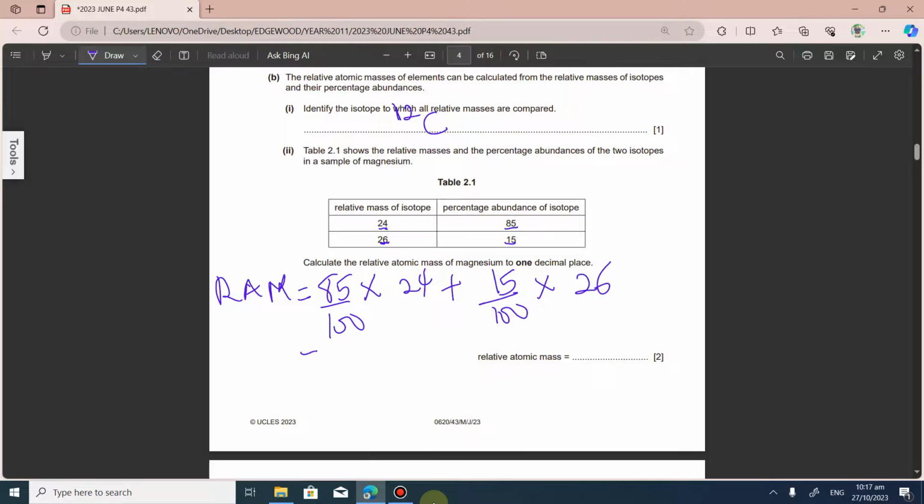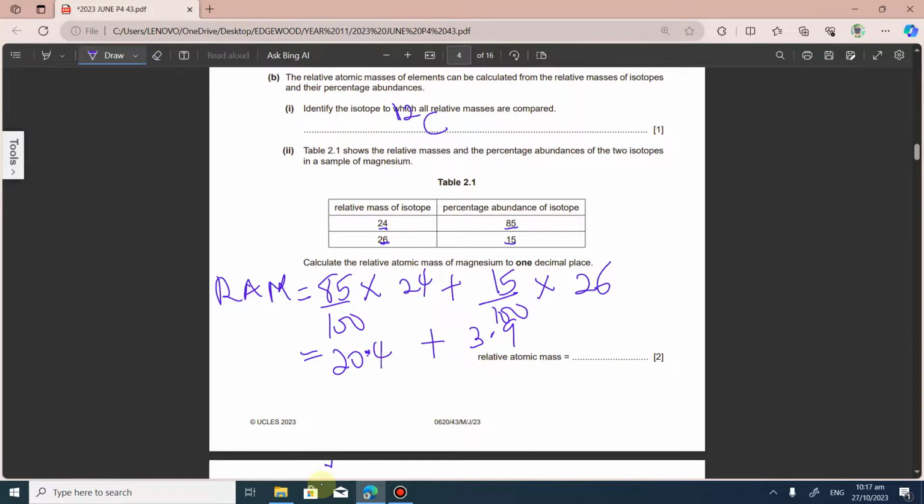So if you use your calculator in this case, 85 times 24 divided by 100, that's 20.4. And then we move to the next one, which is 15 times 26, all divided by 100, we have 3.9. So for the second isotope it is 3.9.